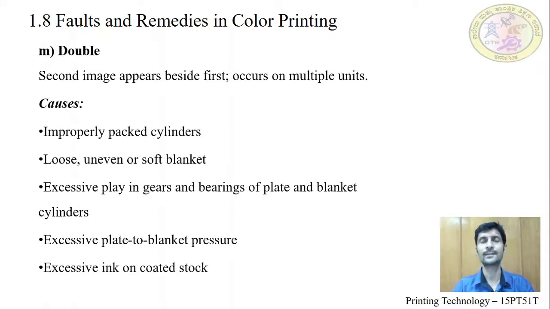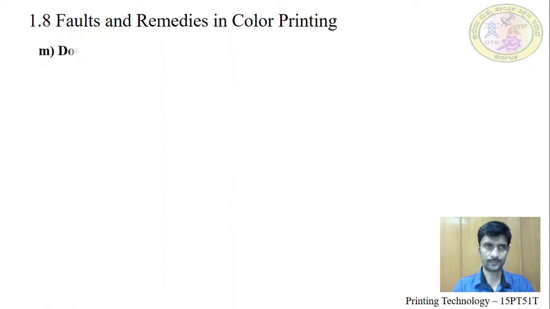The causes are: one is improper packing in cylinders, the second one is a loose or uneven or soft blanket, excessive pressure in the gauge and bearing plate and blanket cylinder, excessive plate and blanket pressure may also cause it. All the 4 units must have the same packing thickness and the same blanket and plate pressure. Even ink on the coated stock may also cause it.